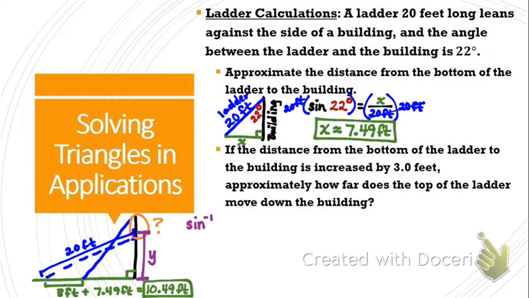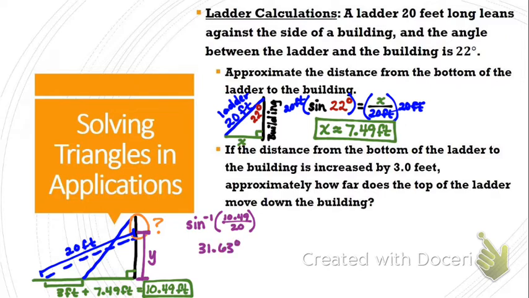Inverse sine of 10.49 over 20. Okay. What is inverse sine of 10.49 over 20? 31.63 degrees. You said 31.63? Yeah.